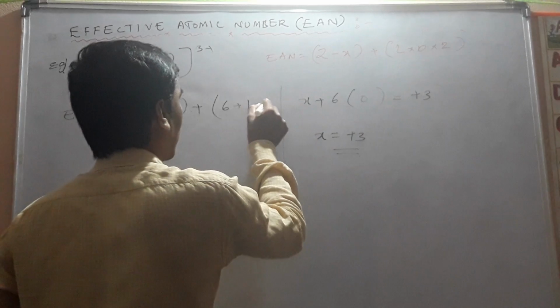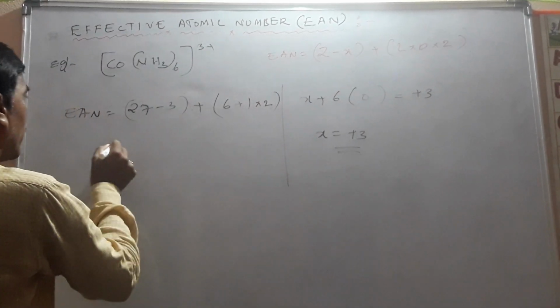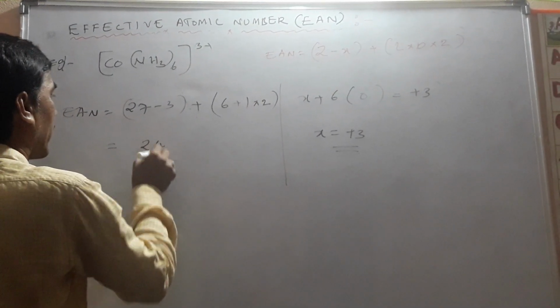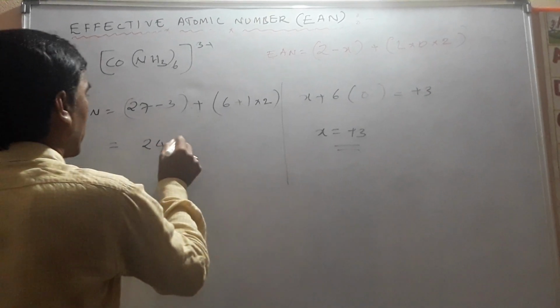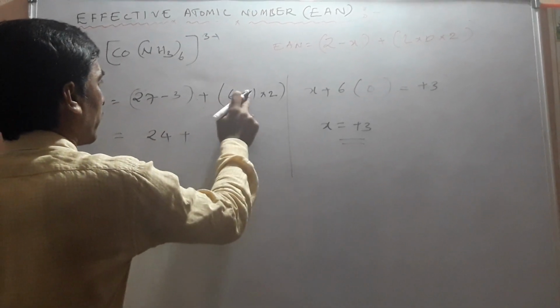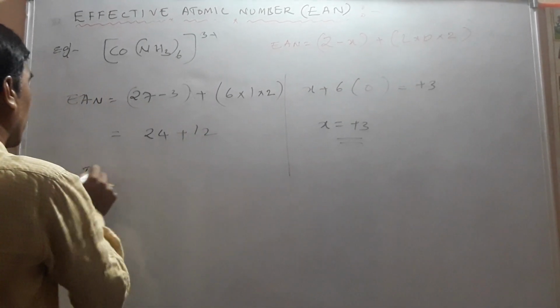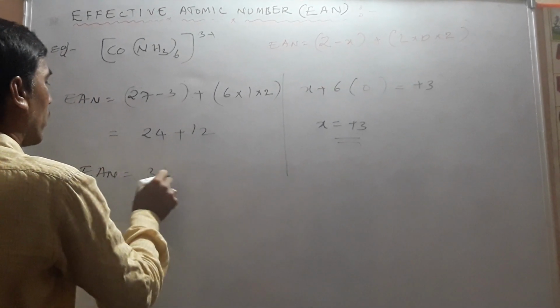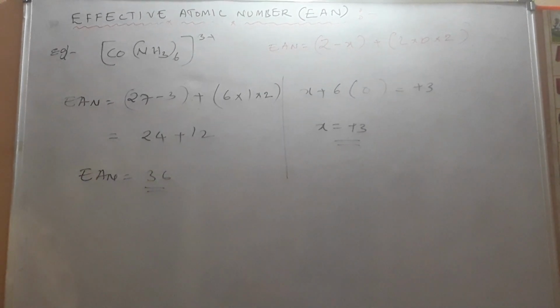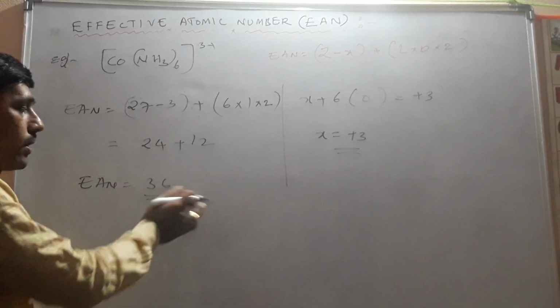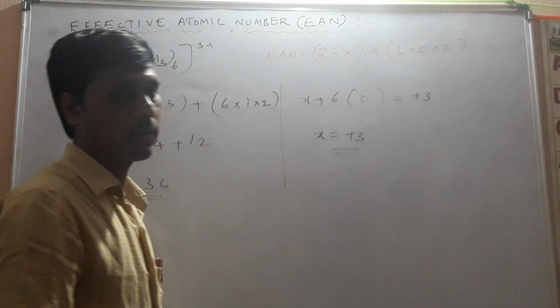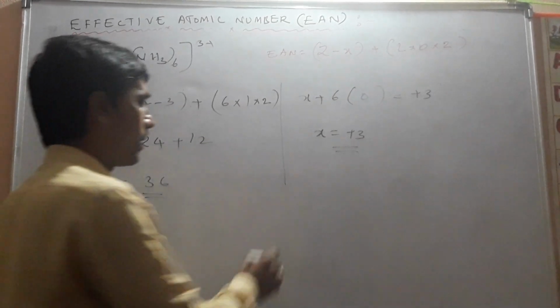Next, into 2. Next, AN is equal to 27 minus 3, 24 plus 6 into 1 into 2, 12. AN value is equal to how much? 36. This 36 value is equal to the inert gas element krypton's atomic number.